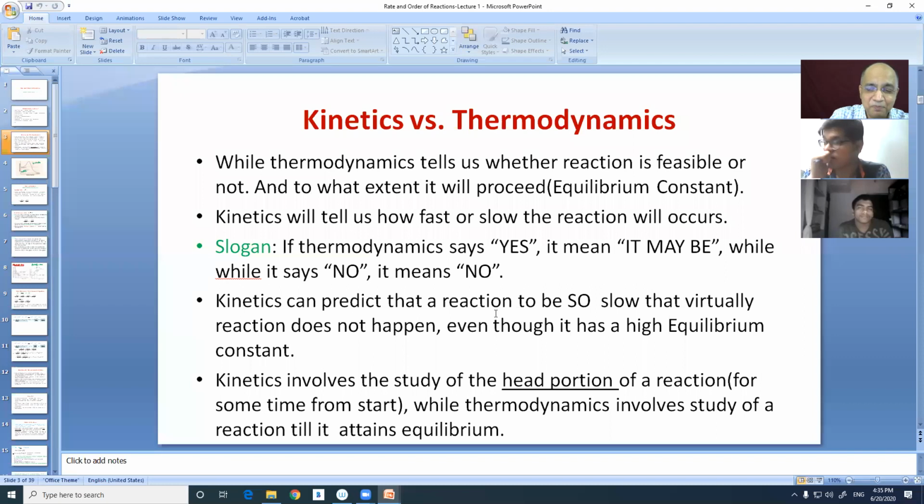Because even if thermodynamics predicts a very large equilibrium constant and you are happy that the reaction will be nearly complete, it may not happen because at that particular temperature the reaction is so slow. I have written that kinetics can predict that a reaction can be so slow that virtually the reaction doesn't happen, even though it has a high equilibrium constant as predicted by thermodynamics.